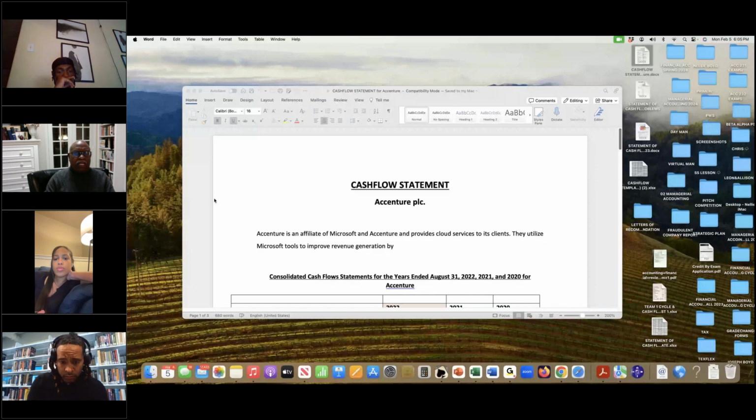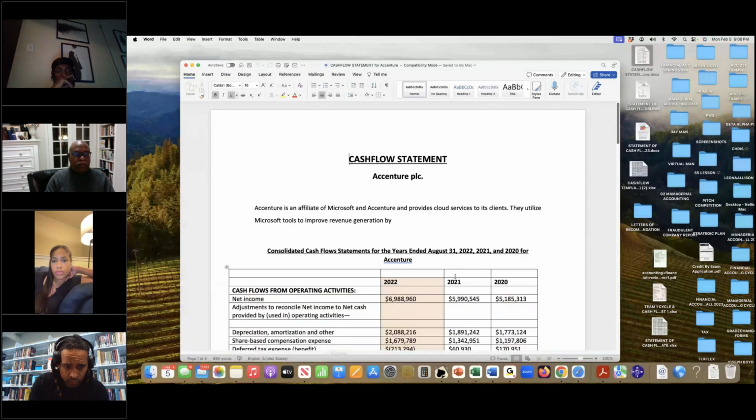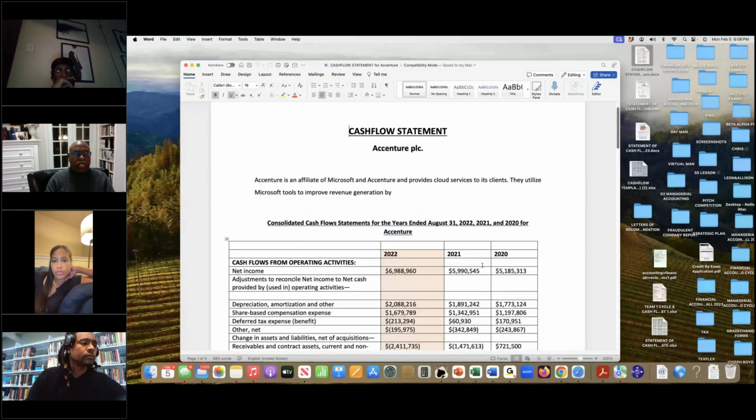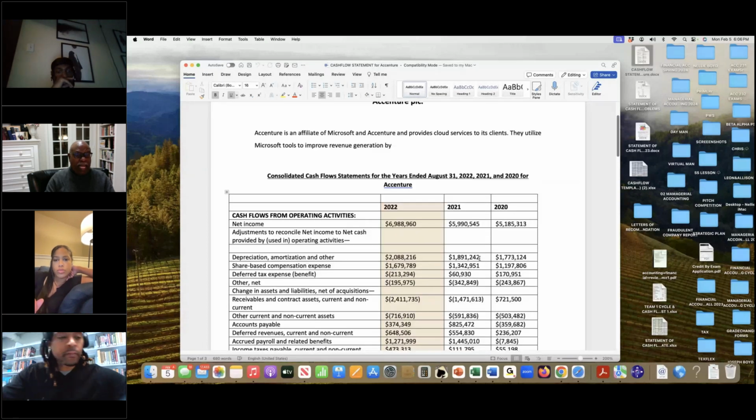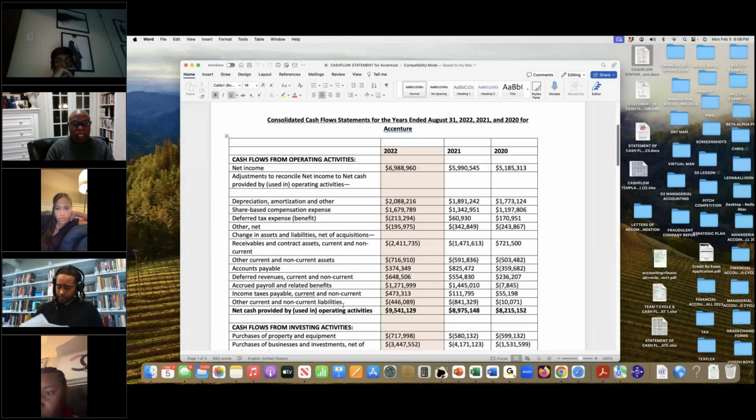So this person did a cash flow statement on Accenture. And of course, it's the consulting firm, and they have locations in various places. The key thing I want to see is this bottom line.